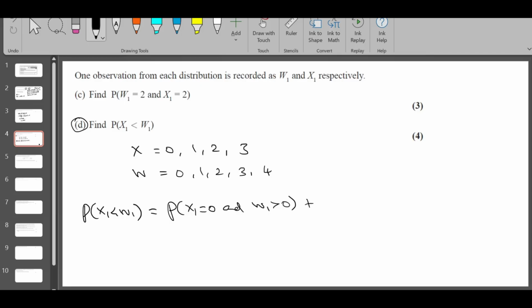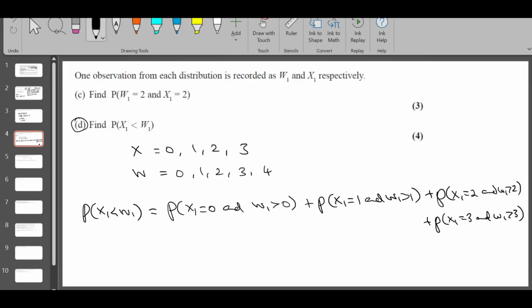Plus, when X1 is equal to 1 and W1 is greater than 1, when X1 is equal to 2 and W1 is greater than 2, X1 is equal to 3 and W1 is greater than 3. You see how I am writing the probability.